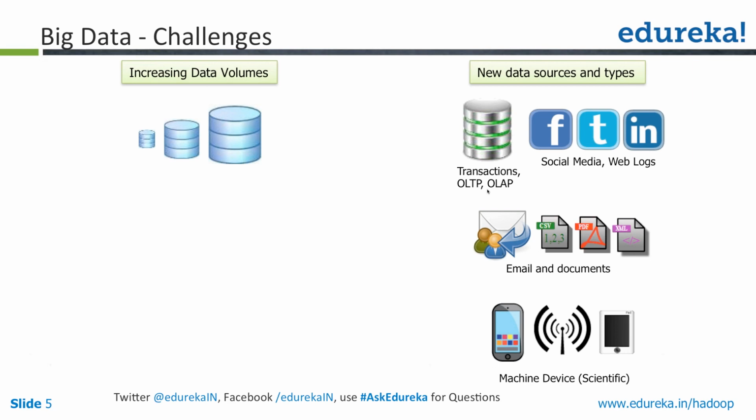And these are done through analyzing the new type of data sources, maybe what they share, what they're saying about your product on social media, the emails which they send to you, the kind of data which you have about them in your databases, and sometimes you may want to look at the sensor data as well. A lot of the sensor data is analyzed in medical applications as well, right?